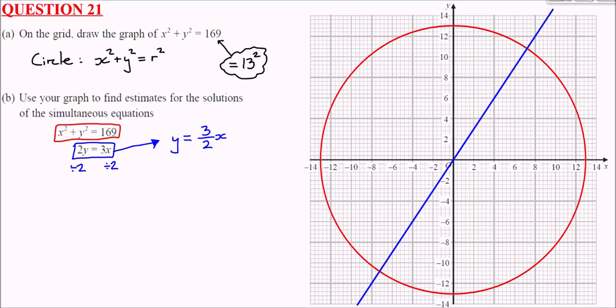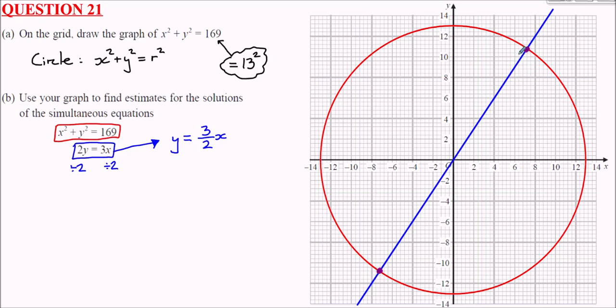So now, to find estimates for these simultaneous equations, I can simply look at where the straight line and the curve cross over each other. So we've got a point here and a point there. If we look at this very carefully, this point here, that's when x is 6. Each little square going along is worth 0.4 of a unit.